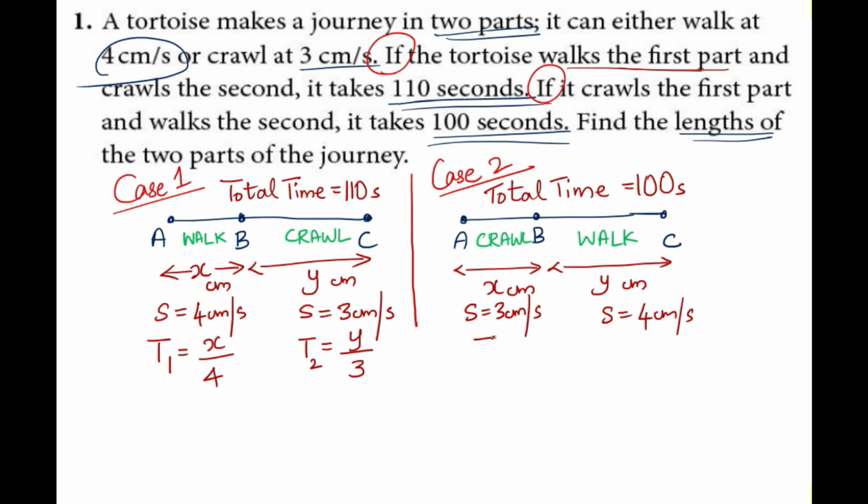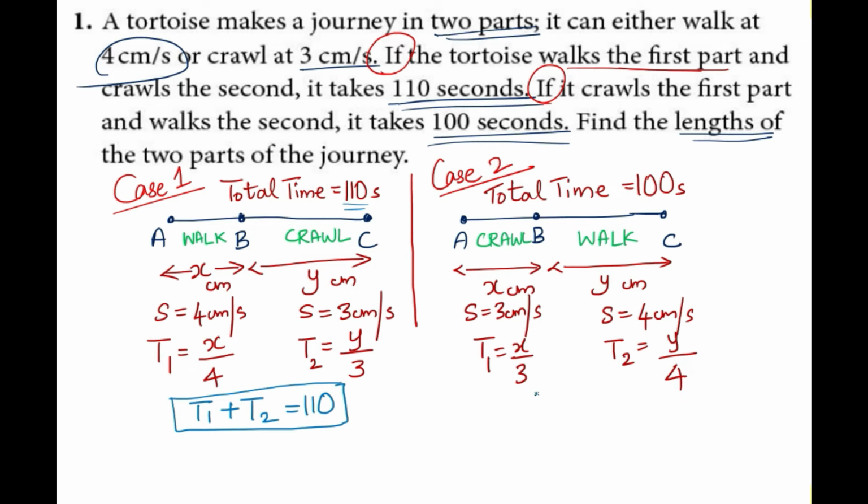Similarly, the time T1 for the first part is x divided by 3 seconds, and here the time T2 for the second part is going to be y divided by 4. I have the total time 110 seconds here, which is T1 plus T2 giving me 110. And in this case it is T1 plus T2 giving me 100 seconds.